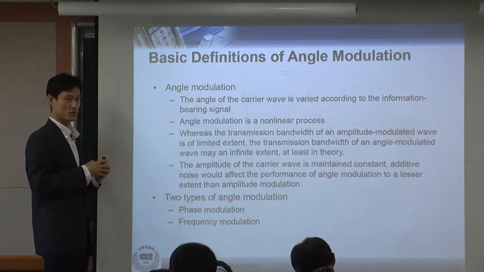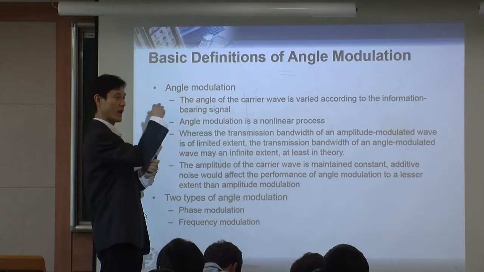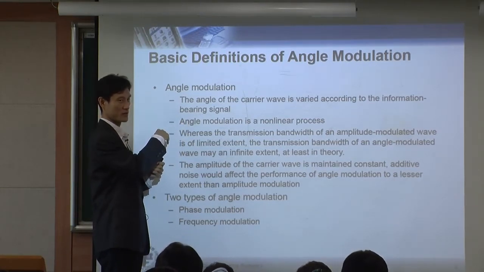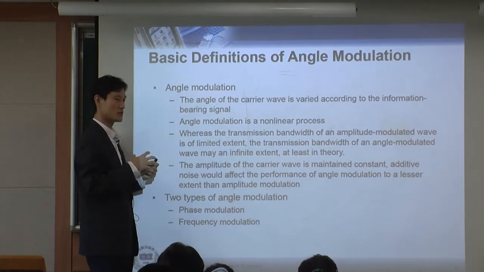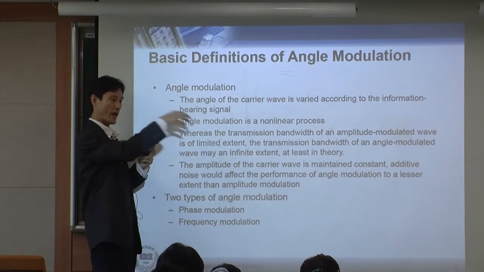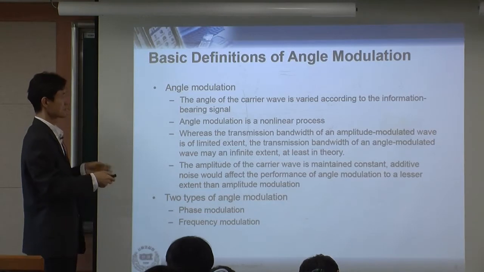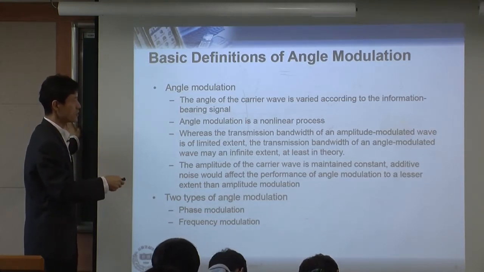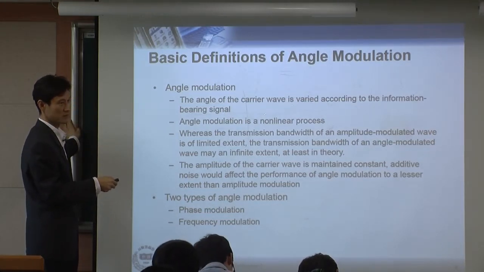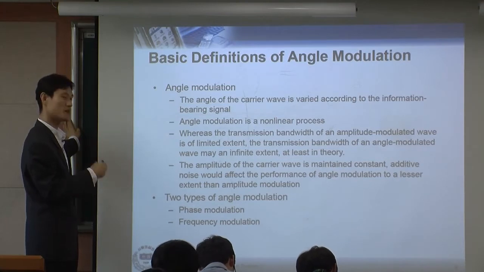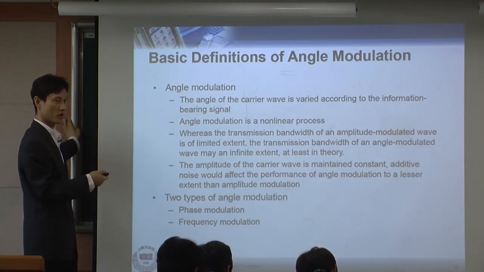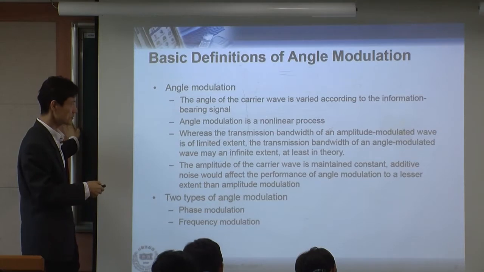What was amplitude modulation? You put the message into the amplitude of the carrier. Now, in angle modulation, we're going to put the message into the angle. That's the idea. Generally, angle modulation is a nonlinear process, which means it's a little bit complex. We're going to talk about the details later.